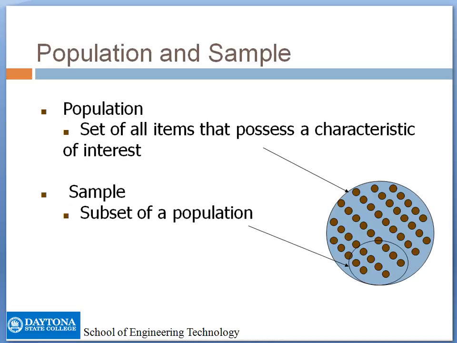Now, sometimes you could work with a population, but most of the time you're going to be working with a sample, because working with a population is either too expensive, too time consuming, or the population is too large. So you work with a sample, and it has to be a random sample that can represent all possible characteristics of that population.